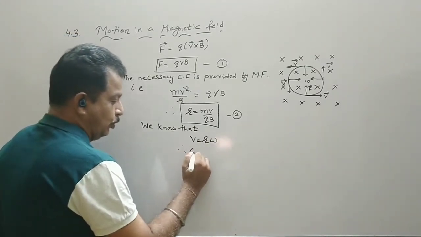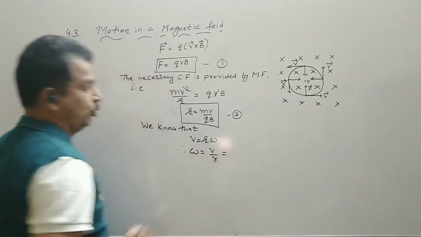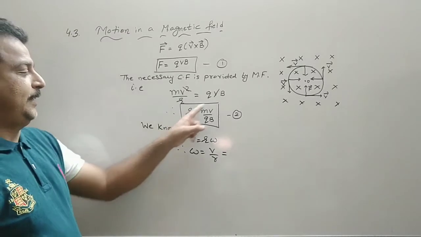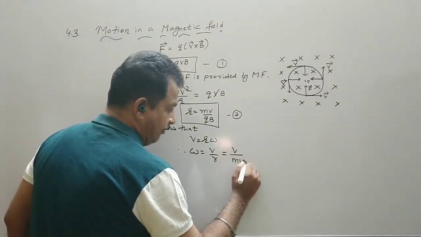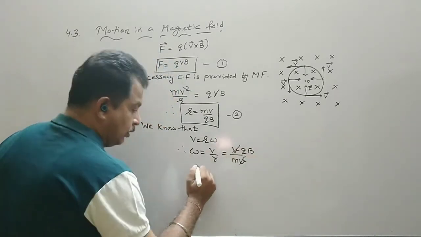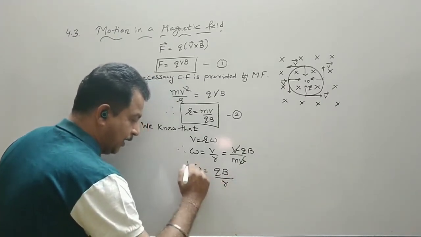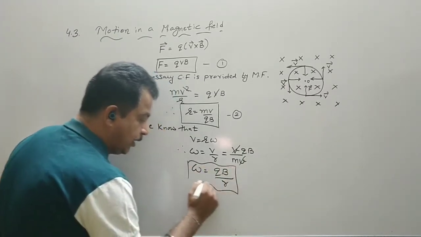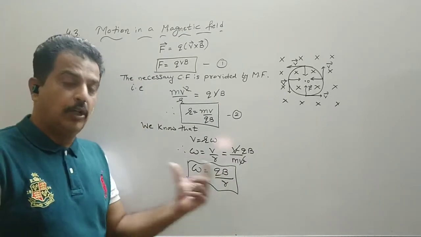Therefore, omega is equal to V upon R. That is equal to V upon mv upon qB, this V is cancelled. So omega comes out to be qB upon m. That is the angular frequency, or you can say angular velocity.